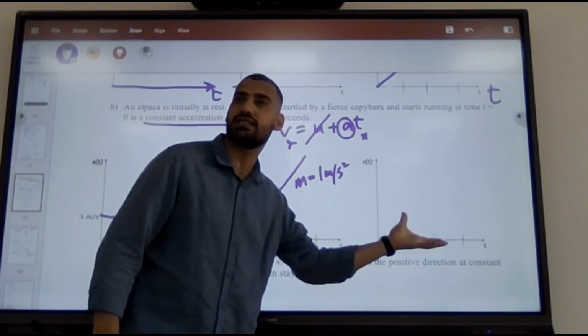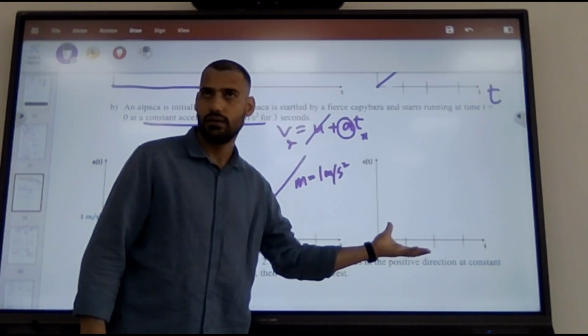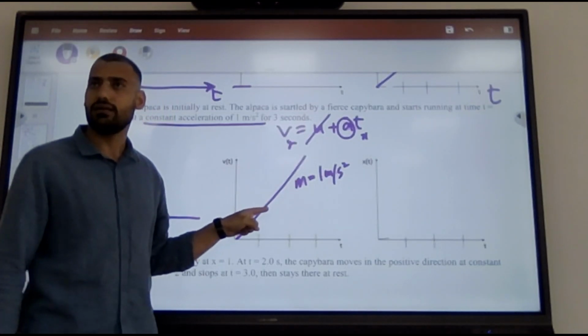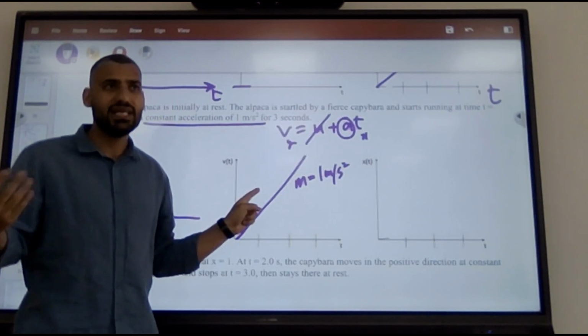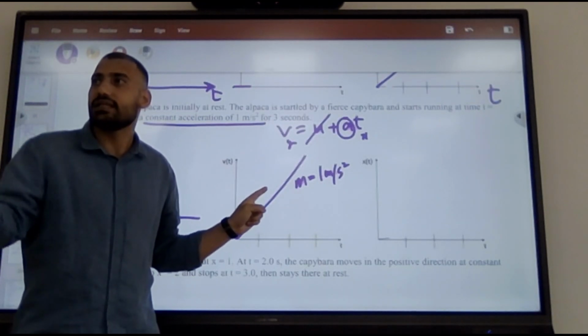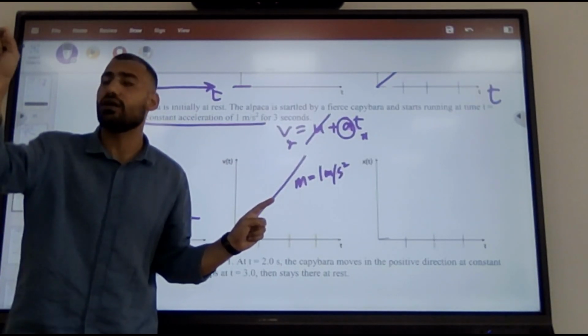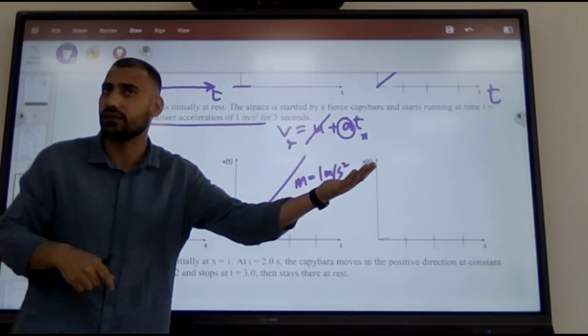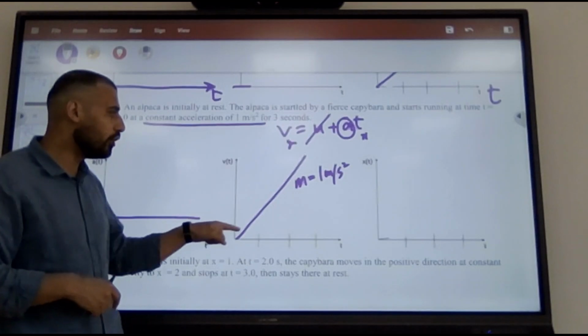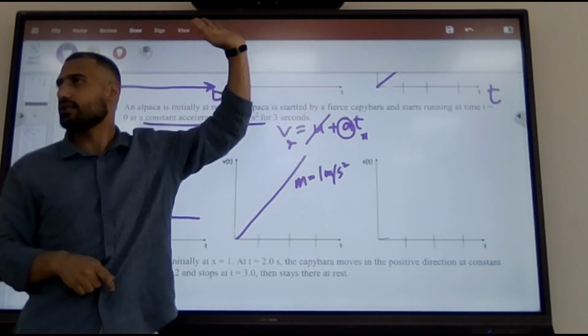From the slope of distance time graph, isn't it? Is the velocity constant? No. Velocity is changing. When velocity is changing, that means the slope of distance time graph will also be changing, isn't it? But it is only positive, so that means it will be increasing, isn't it?